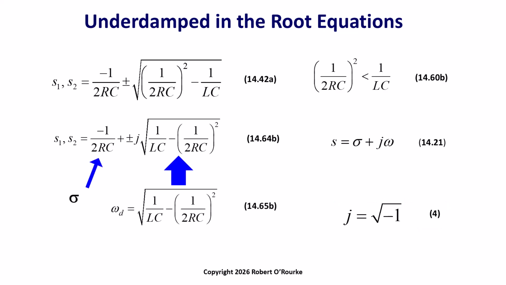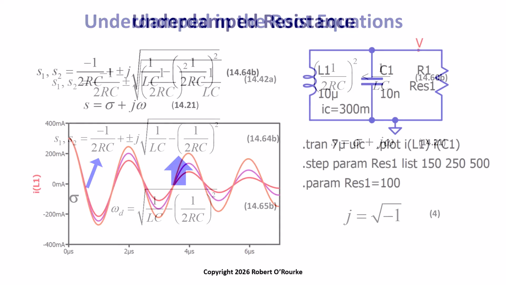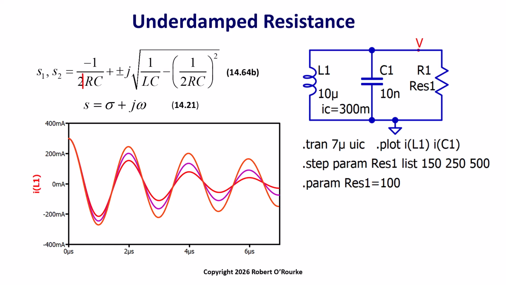Then the square root quantity becomes omega d in equation 14.65b. The minus 1 over 2 RC term is sigma in this case. Notice how the resistance term R in the denominator of the real term of equation 14.64b means that higher resistance lowers damping. Less resistance means more damping.